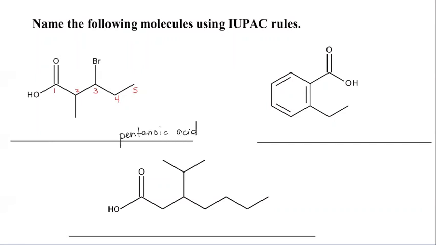We have 2 substituents, 1 on 3 and 1 on 2. The 3-bromo goes first, followed by the 2-methyl. Put a 1 in the chat if you got the correct answer. Excellent. Great job practicing.